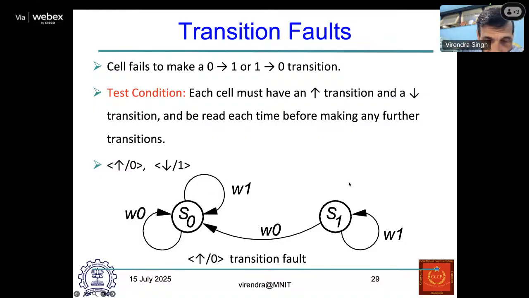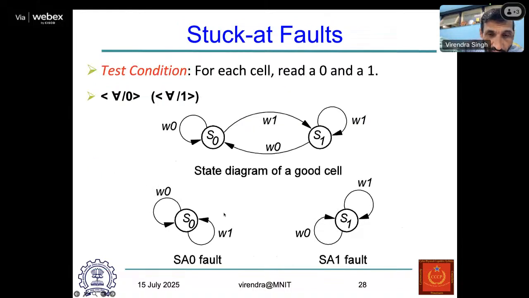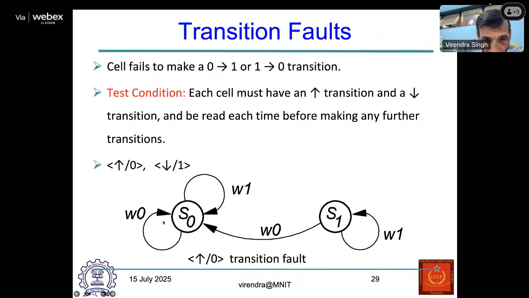Therefore this would be a bad machine, and we can distinguish between this machine and this one. Therefore this can detect the transition fault 0 to 1.